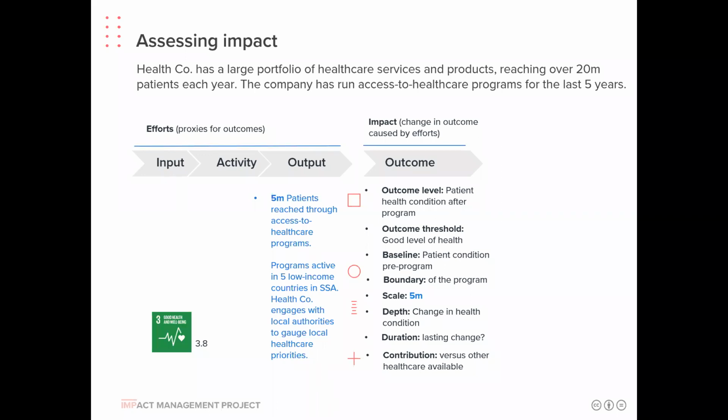Now, those of you who participated in the last info session will remember this chevron diagram. It makes the distinction between efforts data, which is typically wholly within the company's control and therefore easier to measure, and impact data, which measures outcomes in the context of the other dimensions of impact.